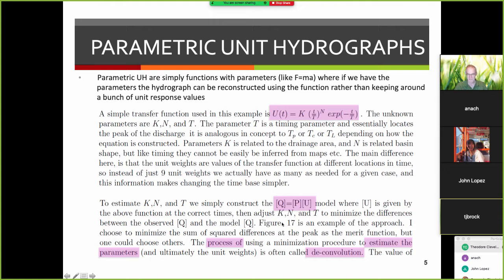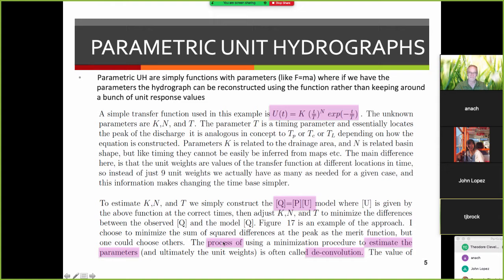And on the next figure 17, which should be appearing in the next slide or two, is an example of this done in Excel. And the merit function that was used in the example is the sum of squared differences at the peak, but there's others that can be used.